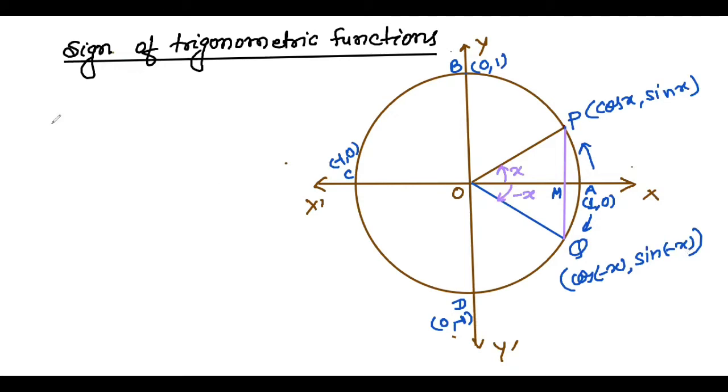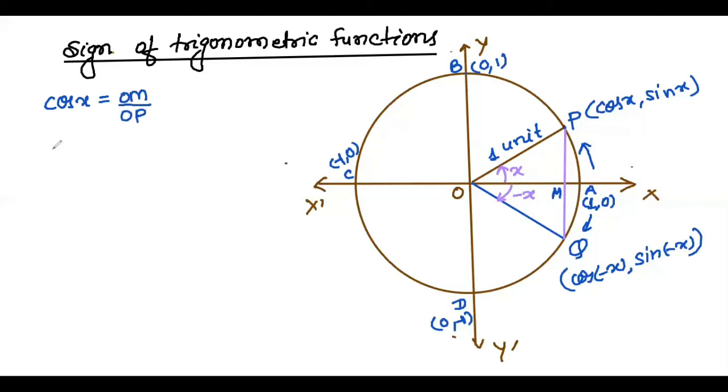Now if you have to find cos x, we know that this is base divided by hypotenuse, so it is OM by OP.